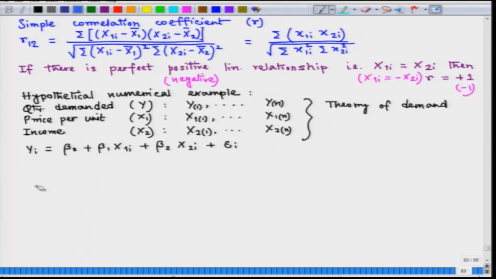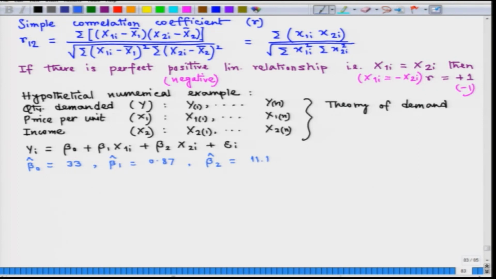So, given the data, suppose you have done calculations yourself manually, or a computer produces some numbers for these coefficients and measures, and let us assume some simple numbers, purely hypothetical, just for the purpose of illustration. Okay.